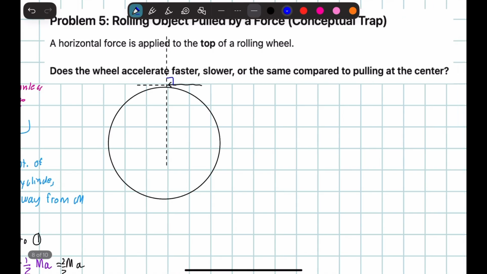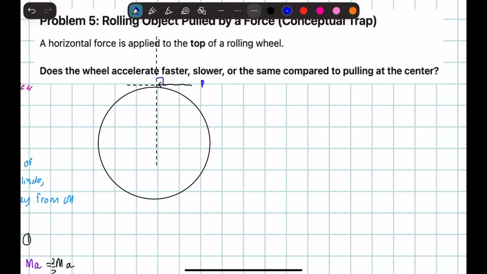So at the top, that means we have a pull. It produces a translational force and also produces a torque in the same direction as rolling.